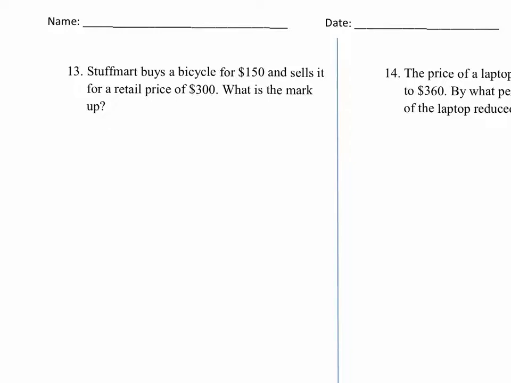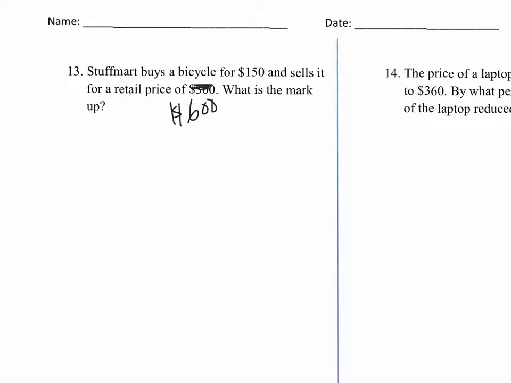Number 13. Stuff Mart buys a bicycle for $150 and sells it for a retail price of $300. What is the markup? If you're paying attention closely, you'll notice this question is a question that we've already had. So we're going to change the $300 to $600.